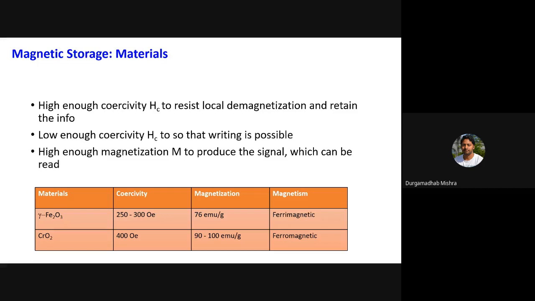So even if you use it in this environment, you don't worry about oxidation, because oxidation of any metallic ferromagnetic system will reduce the magnetization, it will reduce the coercivity, so all these properties will change. Therefore these oxides are used.